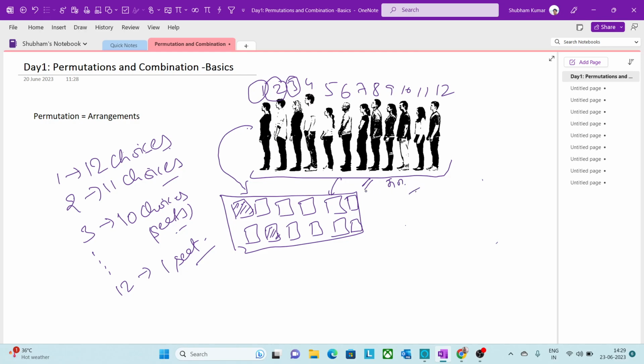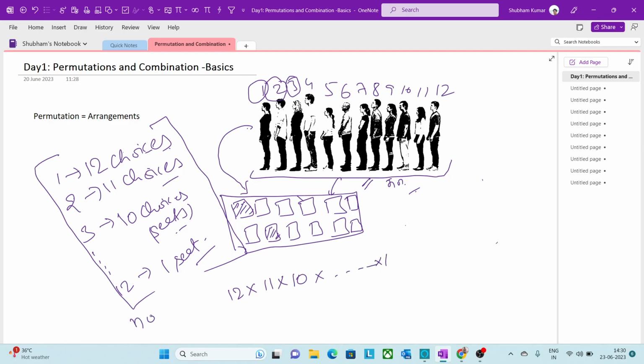If we want to find in what number of ways these persons can be seated, or in other words, in what number of ways these persons can be arranged in these 12 seats, this is nothing but the product of these numbers.